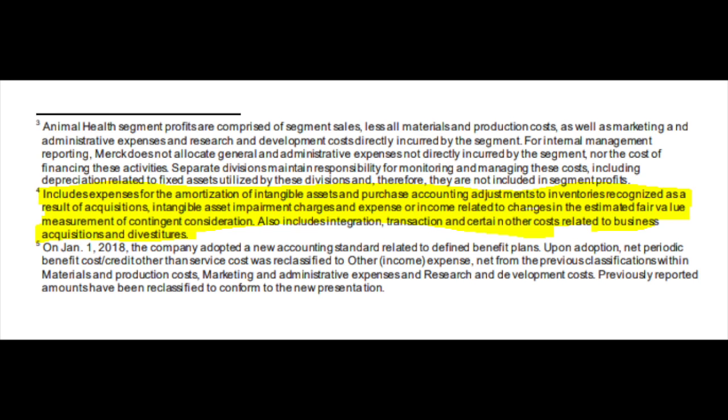It includes expenses for the amortization of intangible assets and purchase accounting adjustments to inventories recognized as a result of acquisitions, intangible asset impairment charges, and expense or income related to changes in the estimated fair value measurement of contingent consideration. It also includes integration, transaction, and certain other costs related to business acquisitions and divestitures.